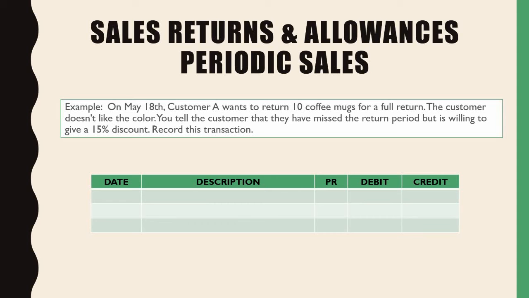So we're going to say, I'm sorry, but what I can do is offer you a 15% discount. This isn't giving a discount to any customer. This is because this customer is trying to return a product, but they've already passed the return policy and they're making commotion in your store.